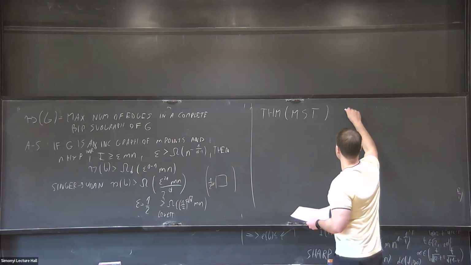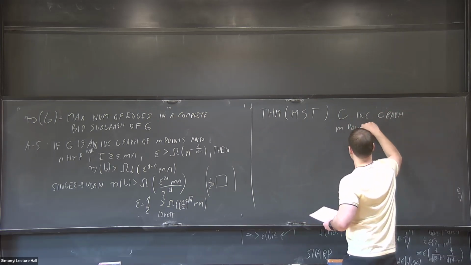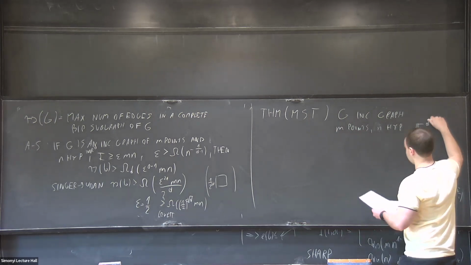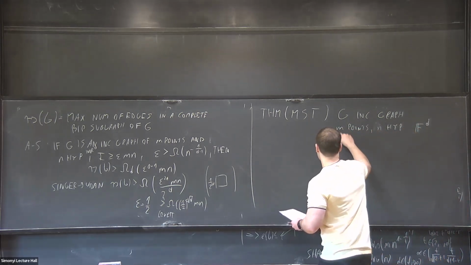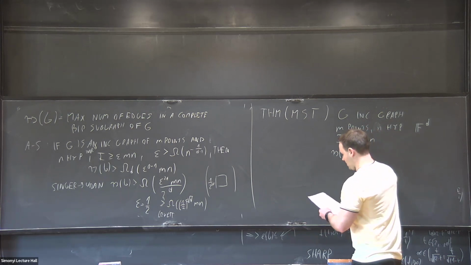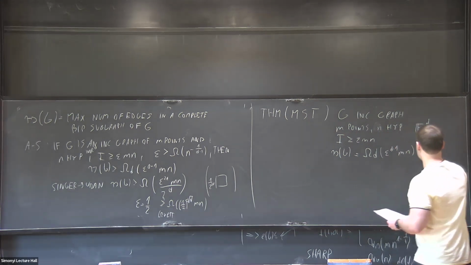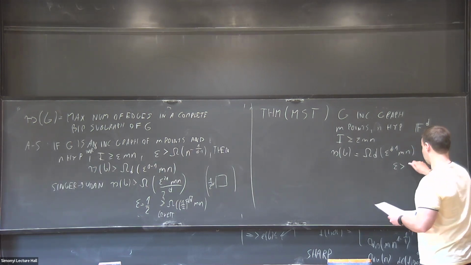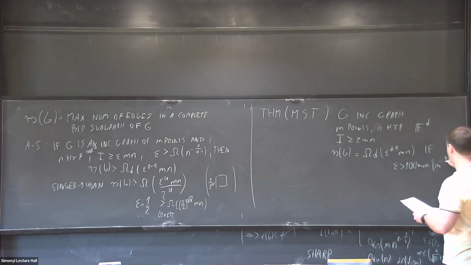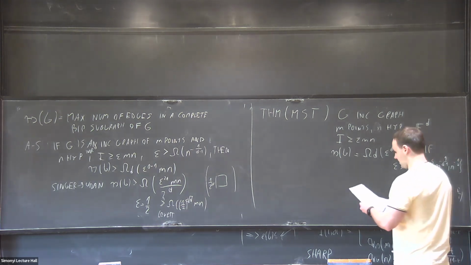G is an incidence graph, so again we have m points and n hyperplanes, now in F^d. The number of incidences is epsilon mn, and then we get that this largest bipartite subgraph is at least some constant depending on d, times epsilon to the d-1 times mn, if epsilon is at least 100 times the maximum of the bounds, so it's not too small.